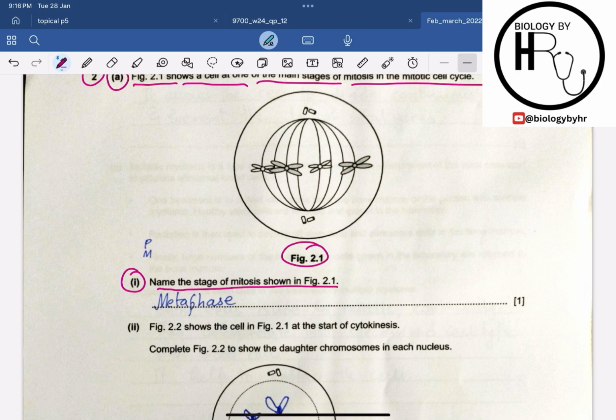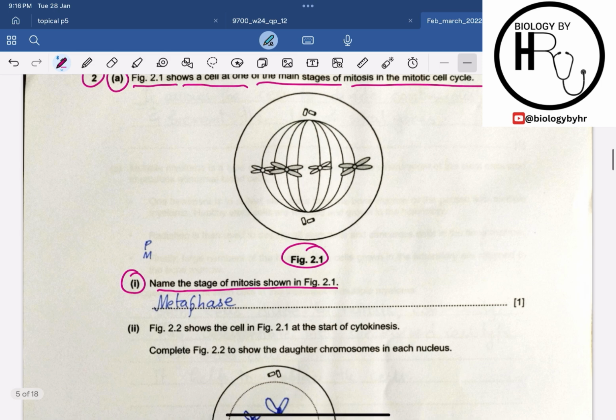Now if I talk about the stages of the mitosis, we basically have 4 stages: prophase, metaphase, anaphase and telophase. And if we talk about the main events taking place during each stage, at the metaphase the chromosomes align at the equator of the cell.